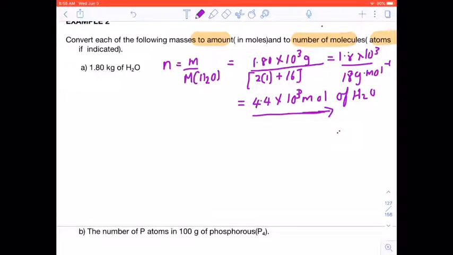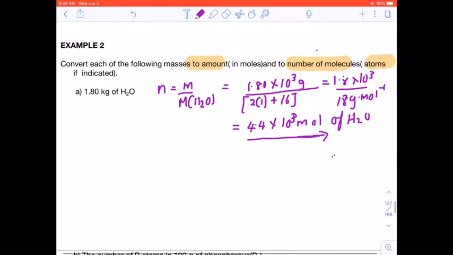So we have that, but we can then calculate the exact number of molecules.